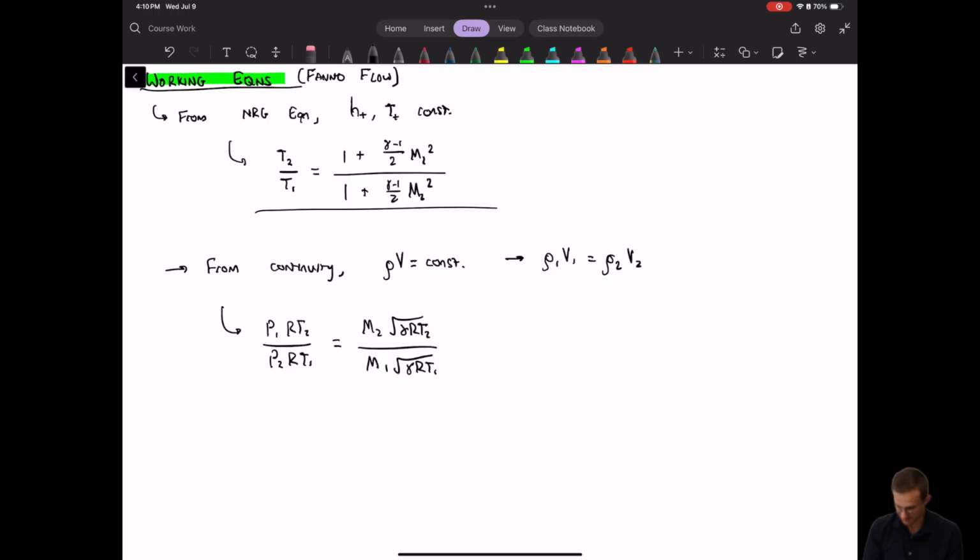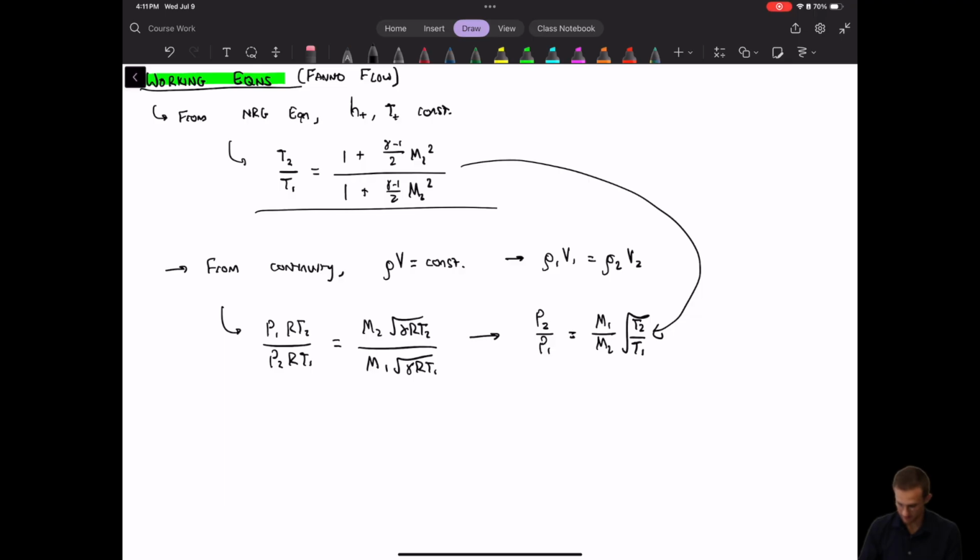And this really yields P2 over P1 being equal to M1 over M2 times the square root of T2 over T1, which we can sub in there.